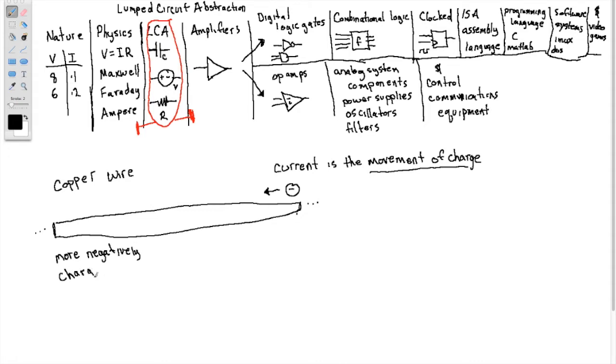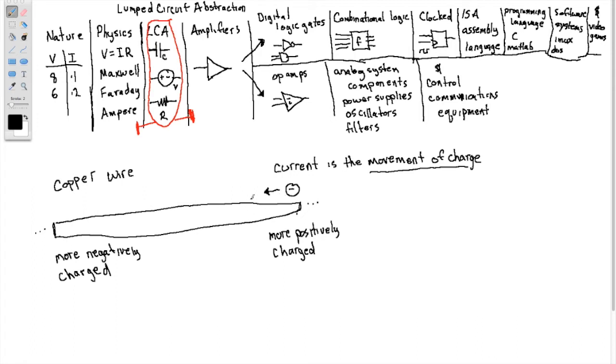Right? Because the electrons are moving to the left. So, what about this end, the right end? That's becoming more positively charged. Because the electrons are leaving there.